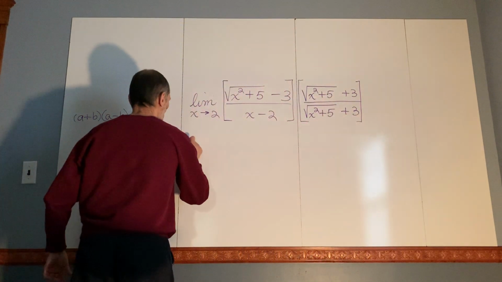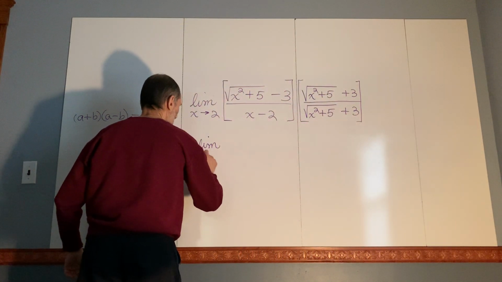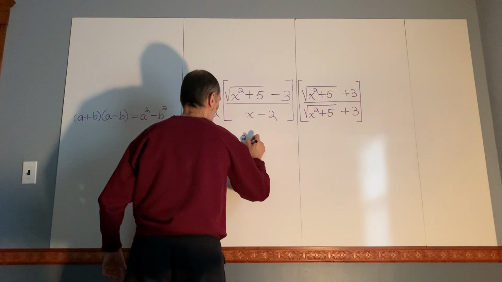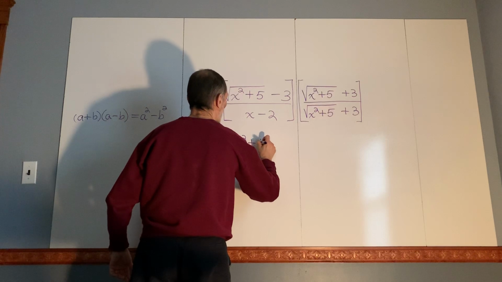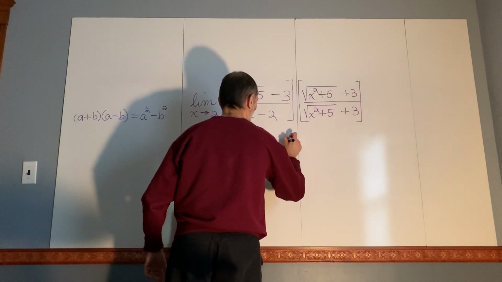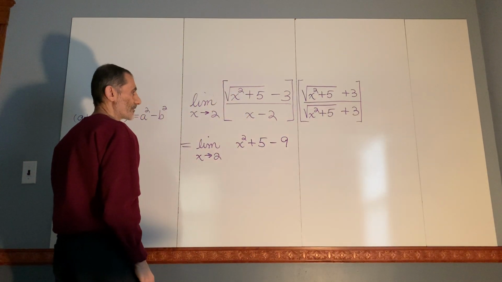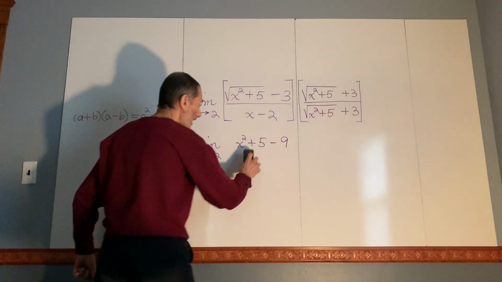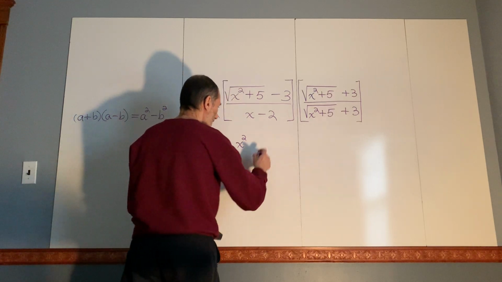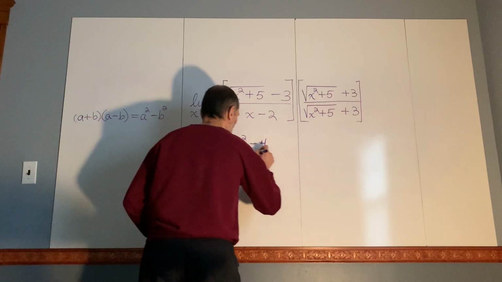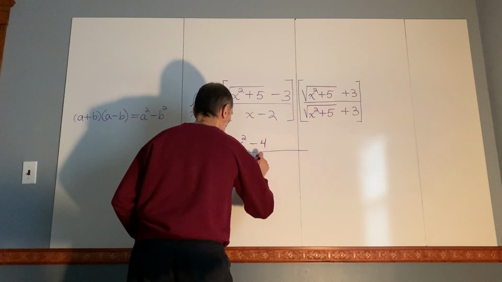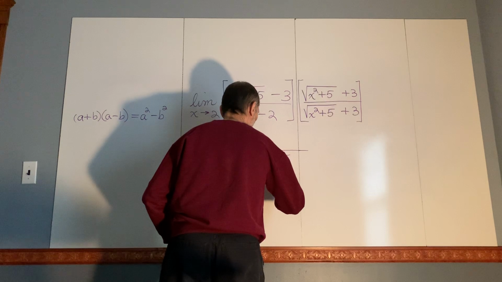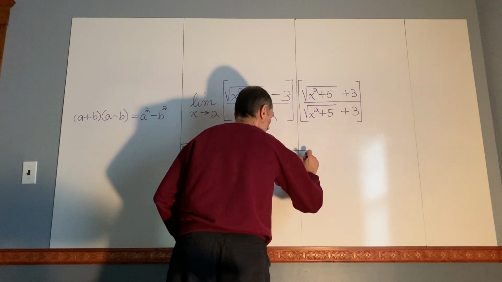When we do that, we get the limit as x approaches 2 of a squared minus b squared. Now clearly x squared plus 5 minus 9 is x squared minus 4. And that would be divided by x minus 2 times the square root of x squared plus 5 plus 3.